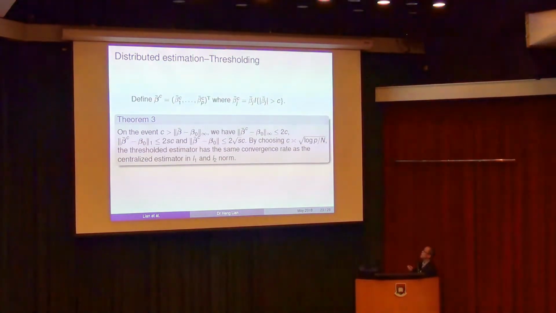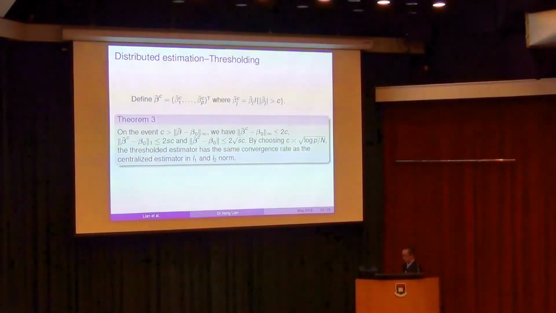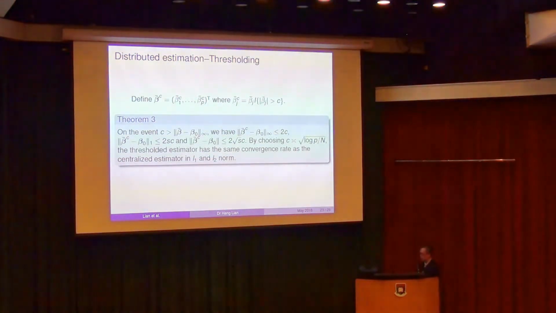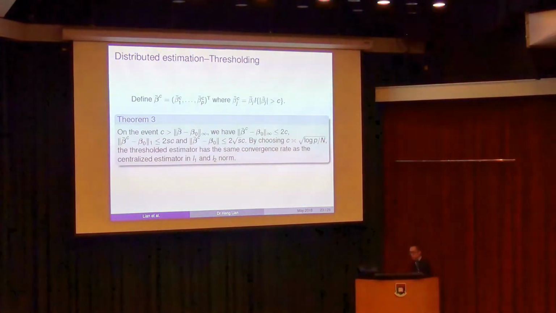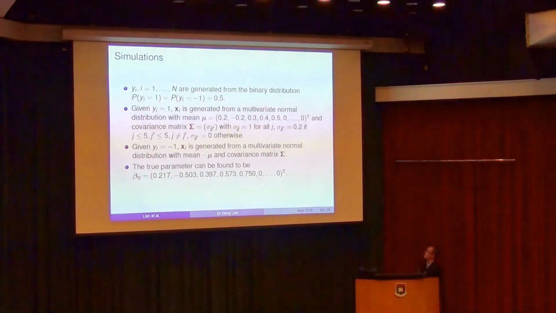If you look at the components of beta one by one, if it's large enough, we keep it, otherwise we set it as 0. It's just a truncation, a thresholding, very simple. And theory says that if we choose the threshold appropriately, you still get the same convergence rate. But of course, in practice, how do you choose this threshold is a problem. We use a very heuristic procedure later.